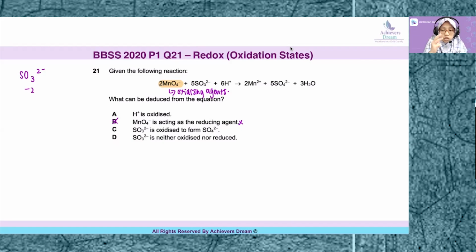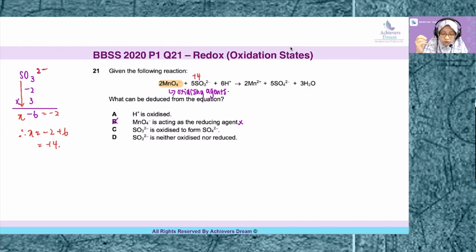Because I have 3 oxygen atoms, in total I will have -6. The overall charge of this polyatomic ion is -2. Let the oxidation state of the one sulfur atom be X. Therefore, X equals -2 plus 6, which is +4. The oxidation state of sulfur in sulfite is +4.